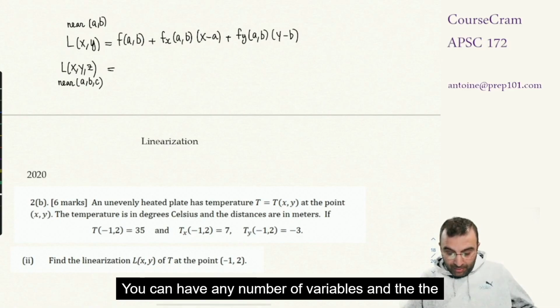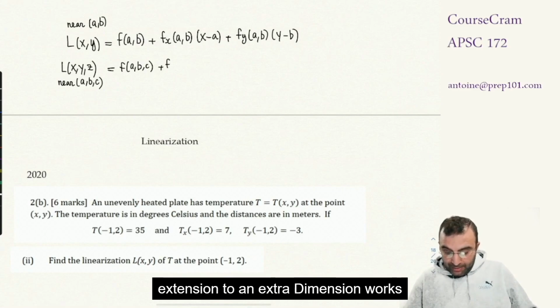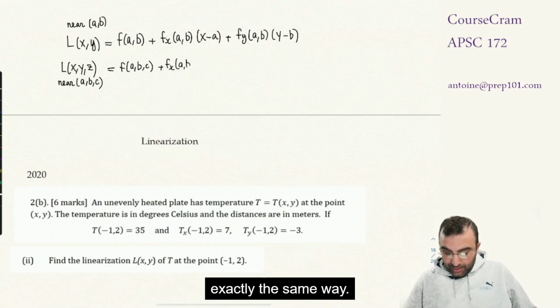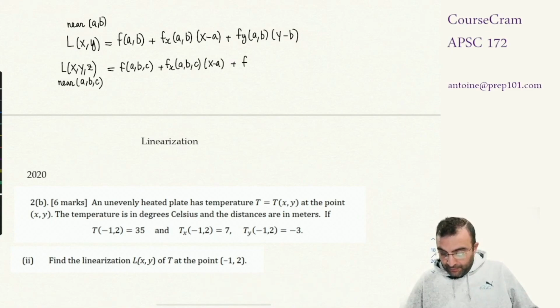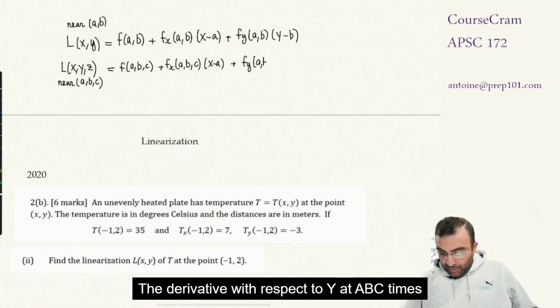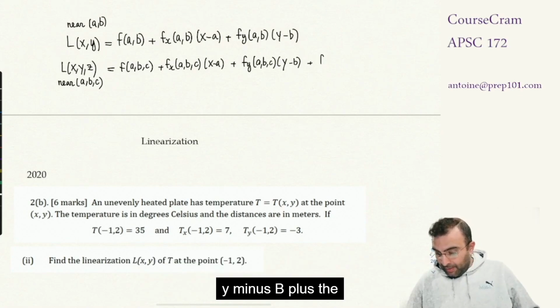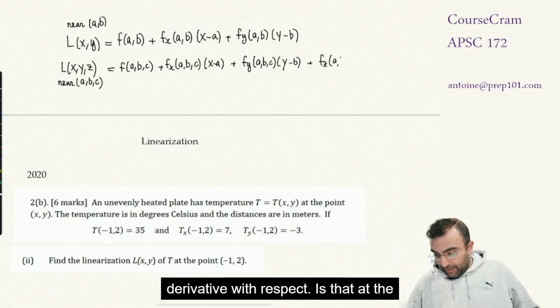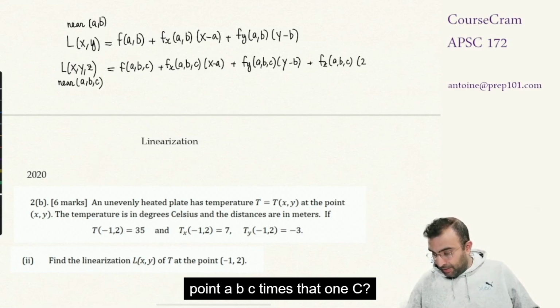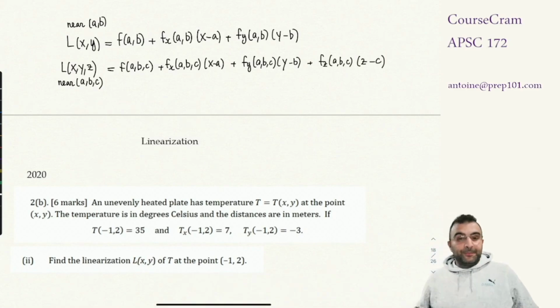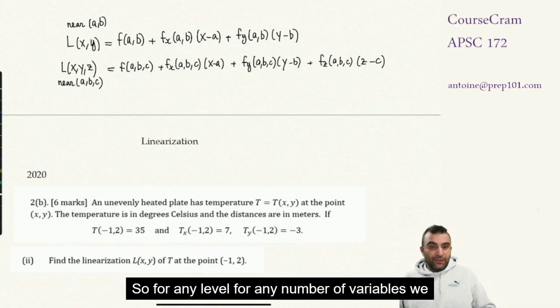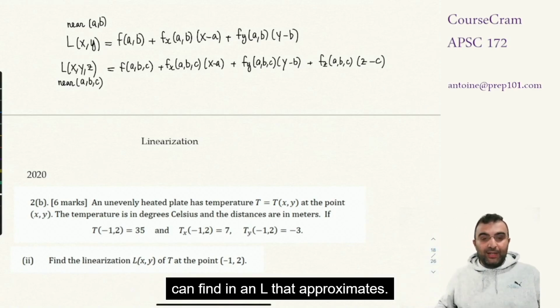You can have any number of variables, and the extension to an extra dimension works exactly the same way. So this times x minus a, plus the derivative with respect to y at (a,b,c) times y minus b, plus the derivative with respect to z at the point (a,b,c) times z minus c. So for any number of variables, we can find an L that approximates f.